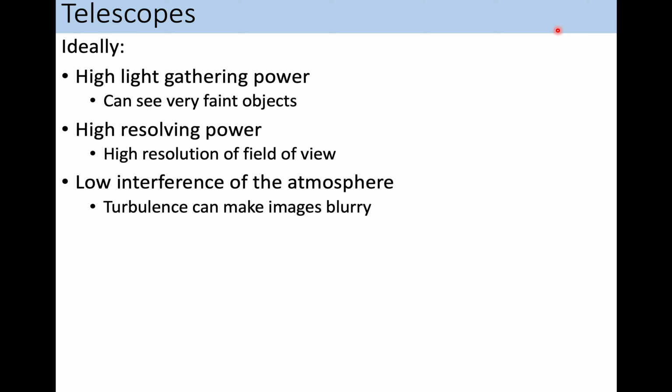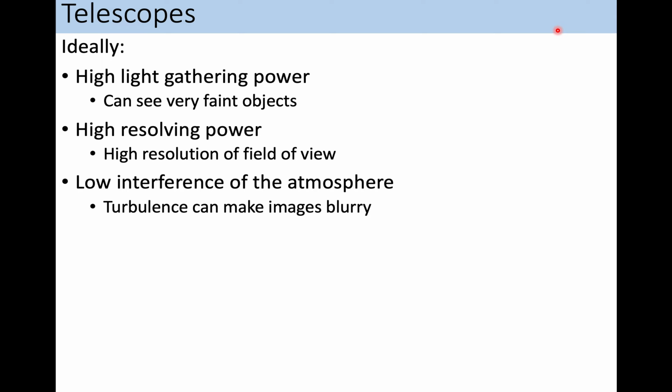So with telescopes, there's sort of three main components that you're trying to get the best mix of when designing a telescope. You want the telescope to have very high light gathering power, meaning that it can see very faint objects.